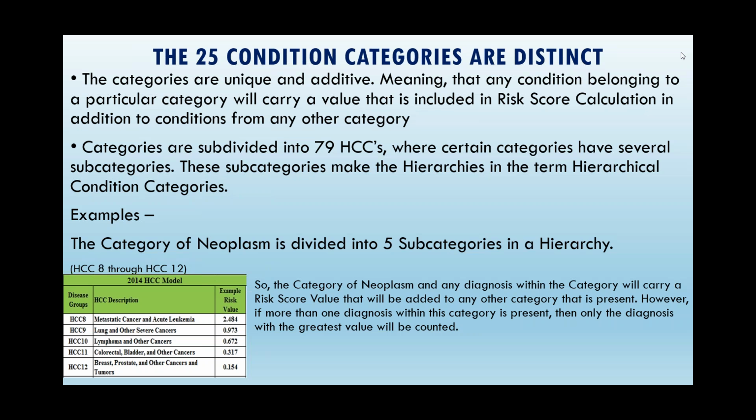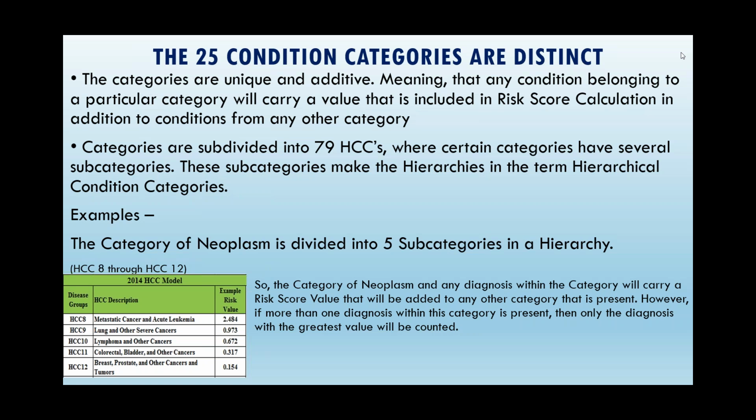What this means is that the categories are unique and additive as categories, meaning that any condition belonging to a particular category will carry a value that is included in the risk score calculation in addition to conditions from any other category. These categories are subdivided into 79 HCCs, where certain categories have several subcategories. These subcategories make the hierarchies in the term hierarchical condition categories.